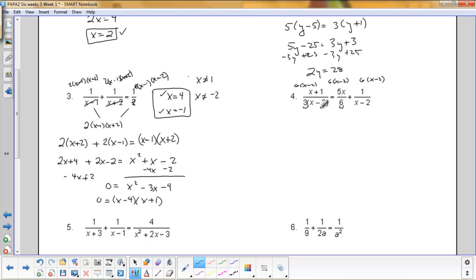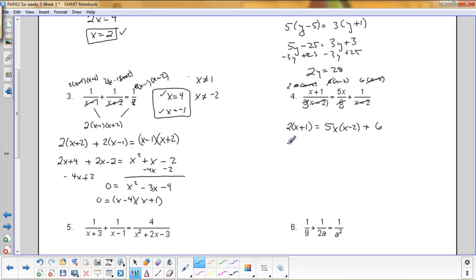Alright, so with our common denominator being that, we're going to reduce the 6 to a 2, as well as cancel out the x minus 2. Alright, so now we get 2 times x plus 1 equals 5x times x minus 2 plus 6.